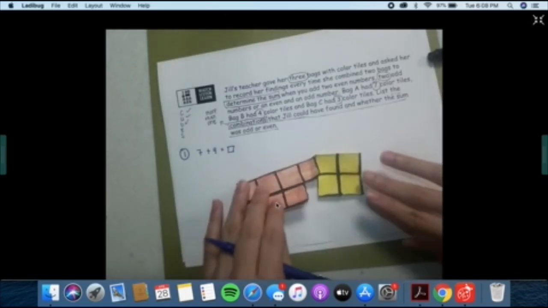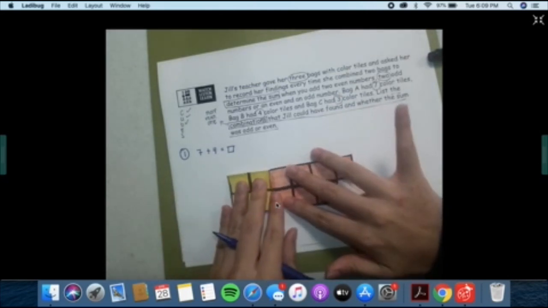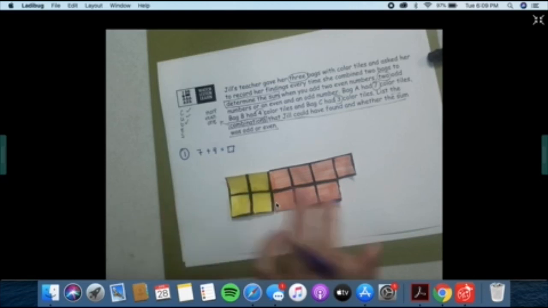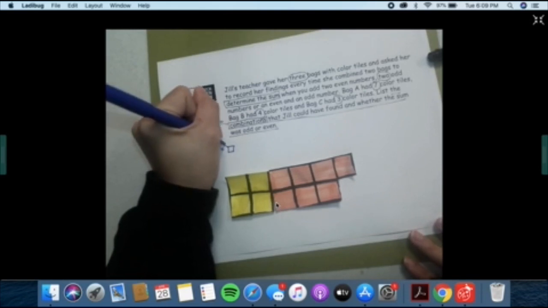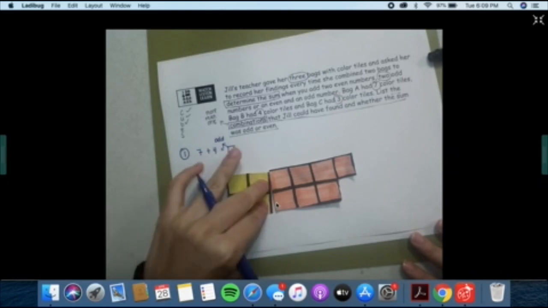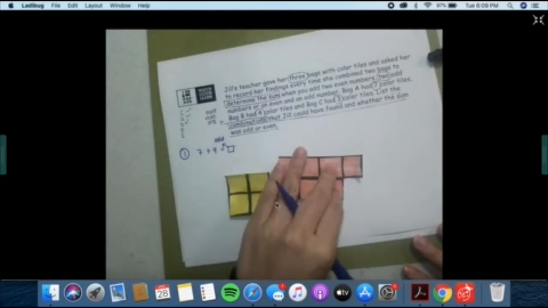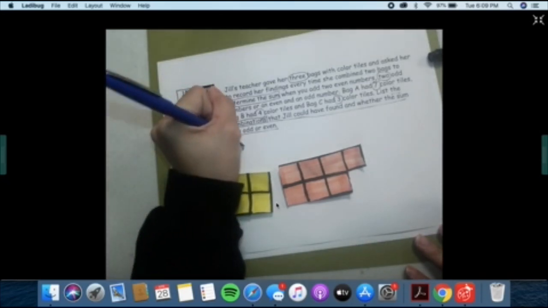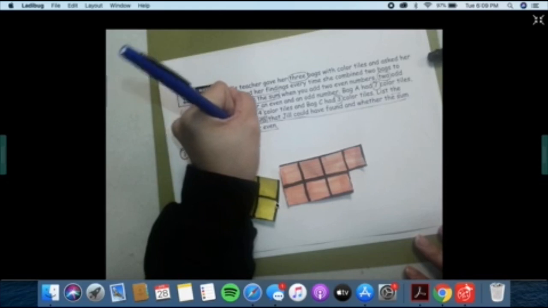So I know I can see if I move my Bag B to the front, every tile has a pair except for this one, and so we know the sum would be odd, and 7 plus 4 would be 2, 4, 6, 8, 10. 10 plus 1 is 11, so the sum equals 11.